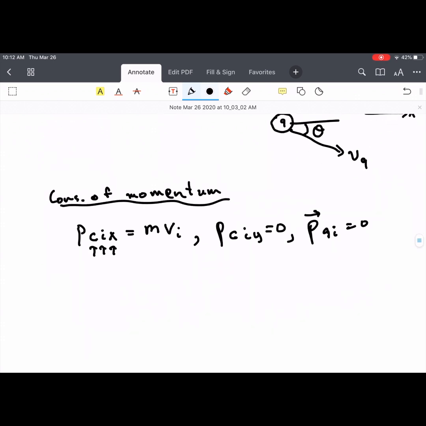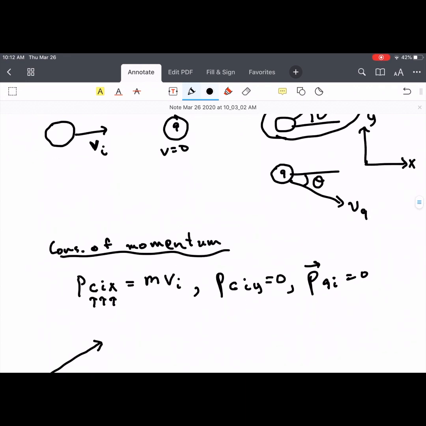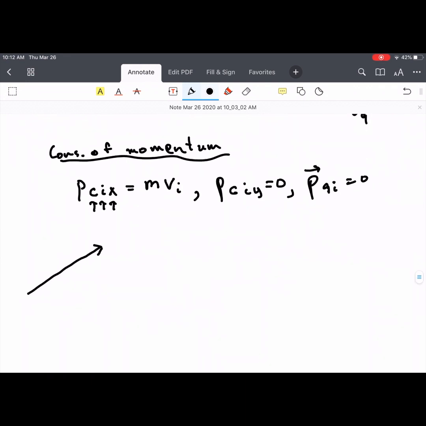How about after the collision? So after the collision, we have to do a little bit of trig. We'll talk about the cue ball first. So the cue ball moves at some velocity v final at an angle theta above the horizontal. So here's this magnitude v final. Here's the angle theta. And as usual, we'll break this up into components of the velocity.